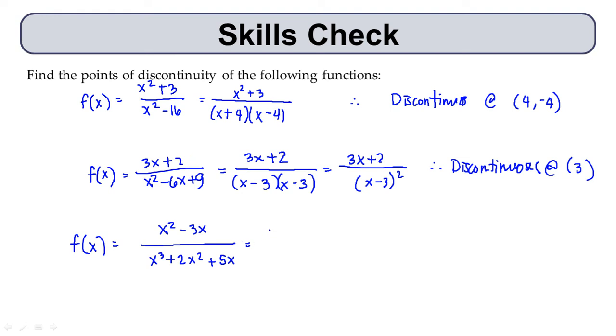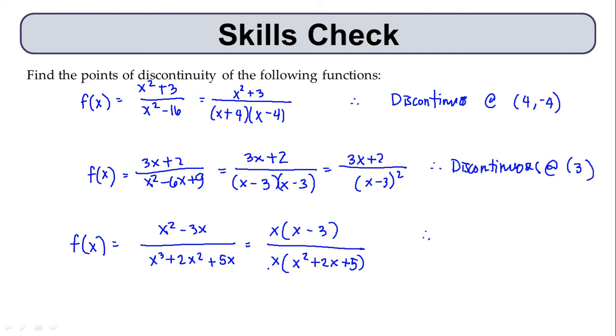So dito, i-factor out natin yung x para maging x minus 3 na lang to. Sa baba naman, factor out na rin ito yung x squared plus 2x plus 5. Okay? So yung ilalim, tingin ko, pwede pa ba? Wala na. So ang alam lang natin, itong function nito ay discontinuous sa value equals to 0.